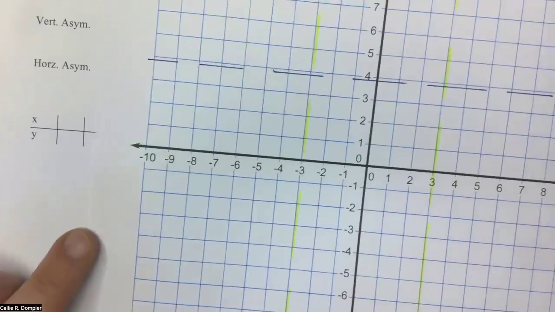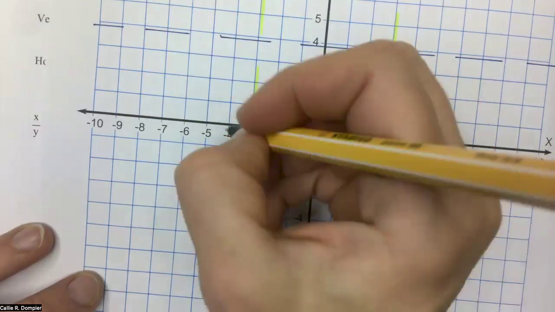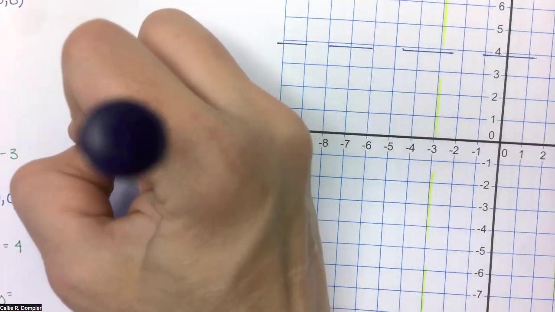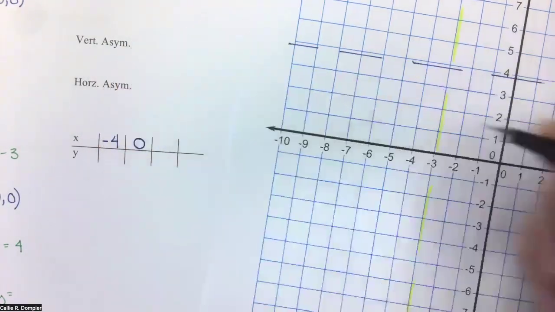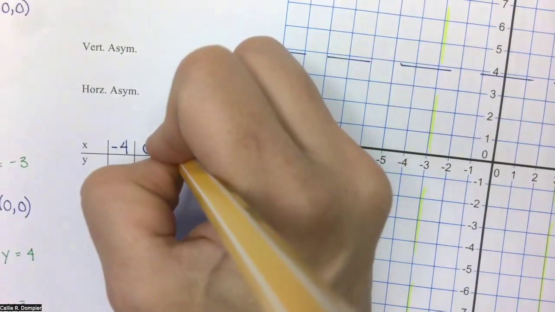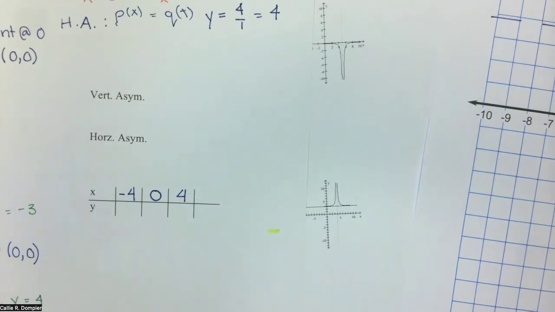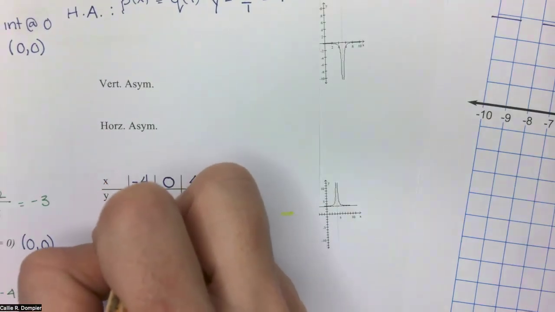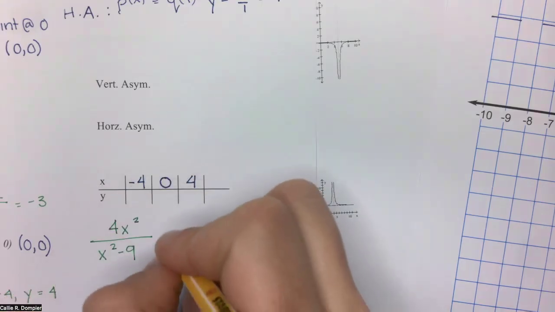And then we're just going to make a table of x and y. What would I use if I only had 1, 2, 3, 4 to do, right? I would use -4. I would use 0 because it's easy. I would use +4. And I would see if that gave me enough information. Okay, so let's solve each of those. We have 4x squared over x squared minus 9 when x is -4.